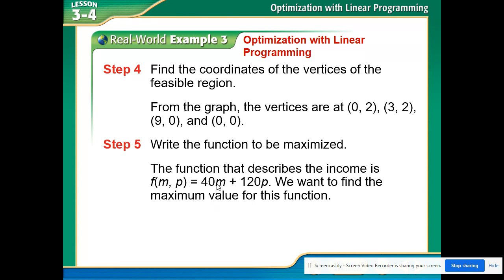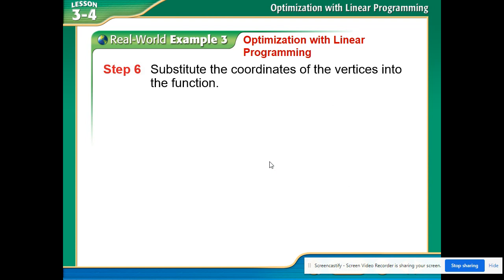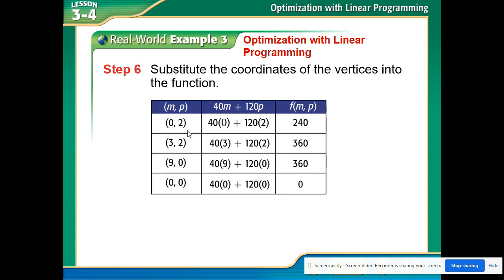All right, so let's take those 4 points, and how much are we getting paid? We're getting $40 per mowing and $120 per pruning. So this is our formula, and now we're just going to try each of them in there. So here's our table: 0, 2; 3, 2; 9, 0; 0, 0. Well, 0, 0, of course, gives us no profit. We didn't do anything. 0, 2 is 240, but we have 2 360s here.